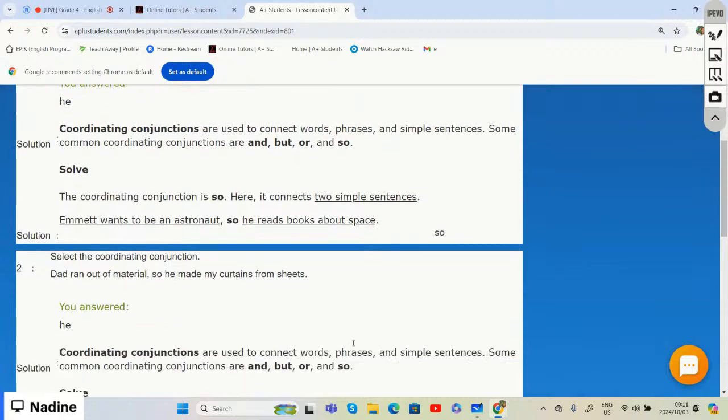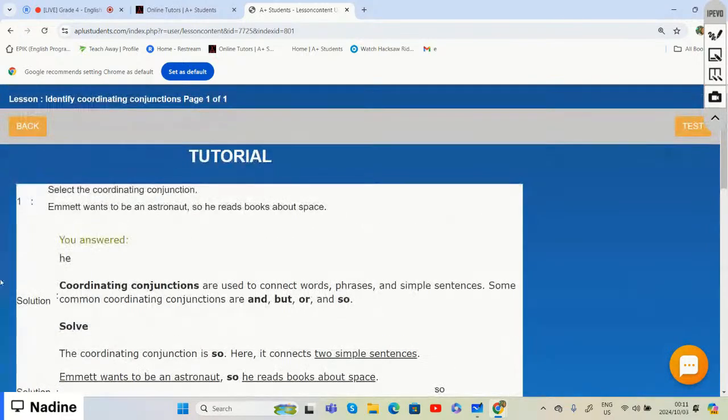If we look at this one sentence, here it says select the coordinating conjunction. It says Emmett wants to be an astronaut. So he reads books about space. We need to select the coordinating conjunction in that sentence.